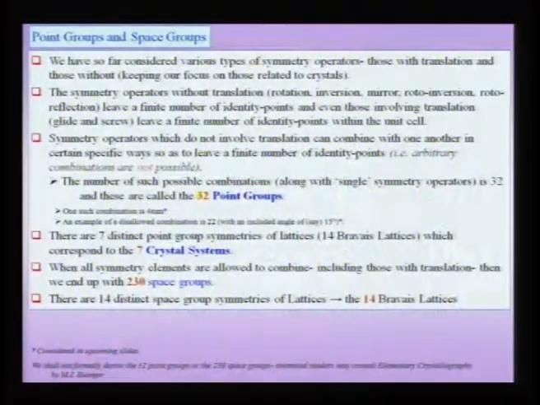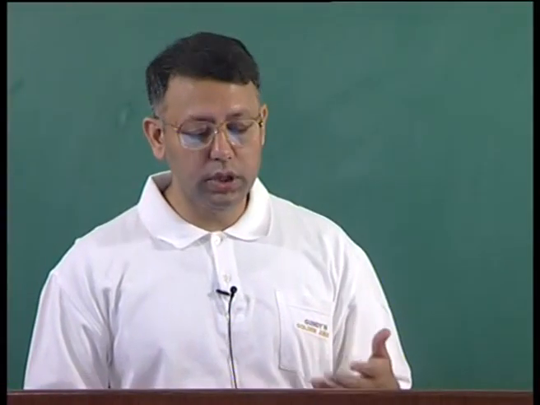Therefore, there are only certain allowed combinations of symmetry operators, and it so happens luckily that this number is not very large, and there are only 32 allowed combinations of symmetry operators, which are known as the 32 point groups. And if you are talking about those symmetry operators which involve translation, like the screw or the glide, then there are 230 allowed combinations, which are called the 230 space groups.